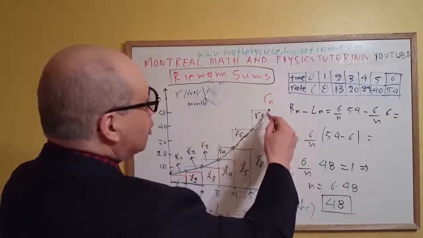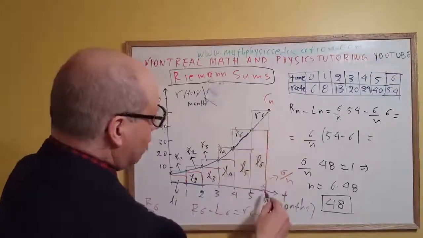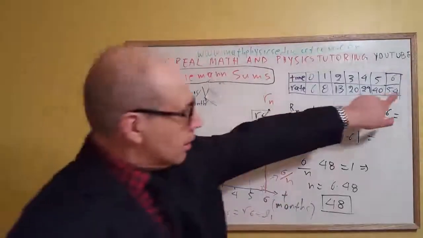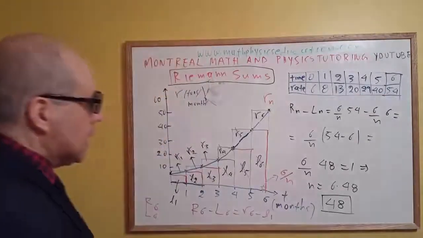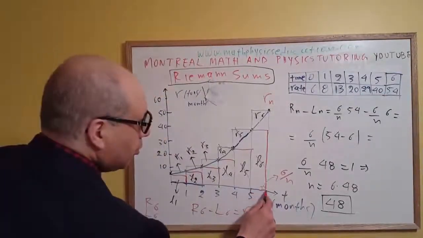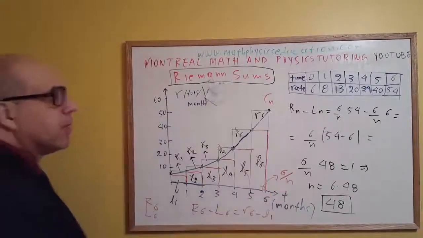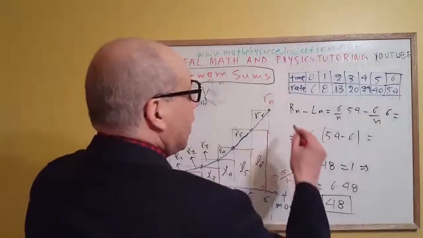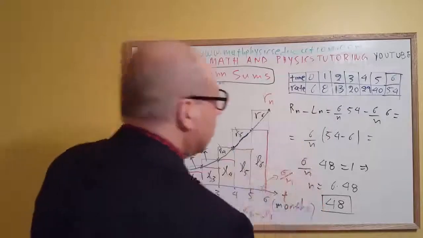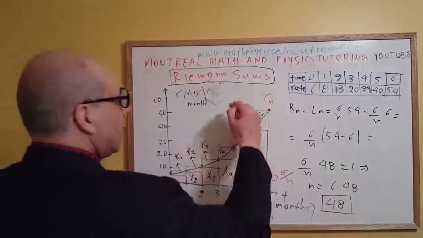The length is 54, and the width, we said, is 6 over n. So that's the Rn.